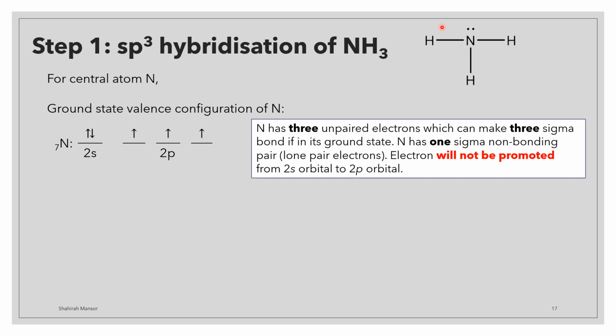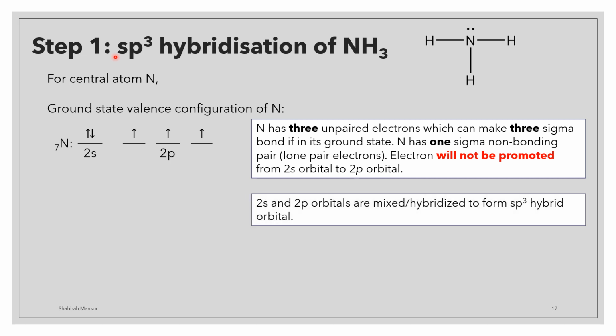Okay, excitation hanya boleh berlaku apabila jumlah elektron untuk forming this covalent bonding tidak konsisten dengan Lewis structure. Okay, so kita akan skip excited state and kita akan terus pergi kepada mixing ataupun hybridization.